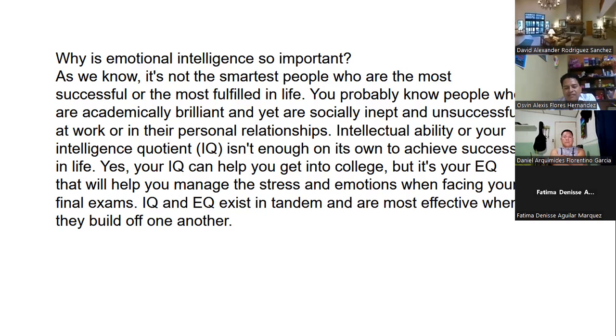So yes, it's very interesting, this paragraph. I mean, the first part asks you a question, right? Have you ever known a person that is very intelligent, but is not successful? That happens sometimes. There are people that are very smart. They understand math, they understand physics, they understand many things, but they don't have good relationships.